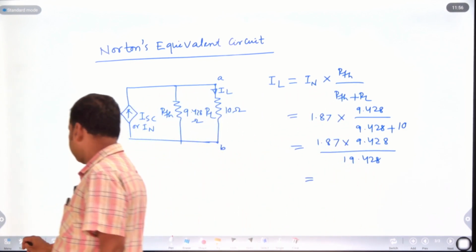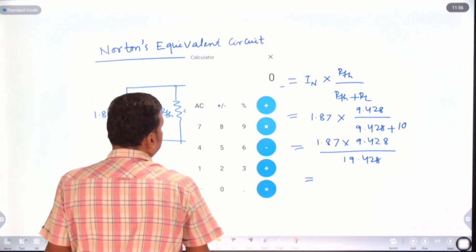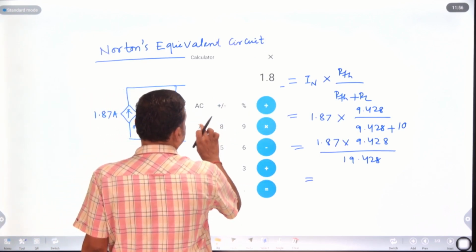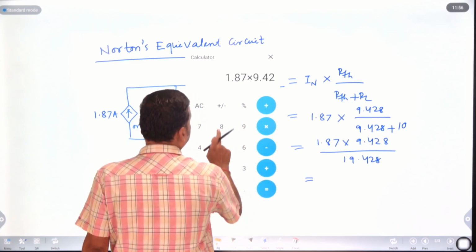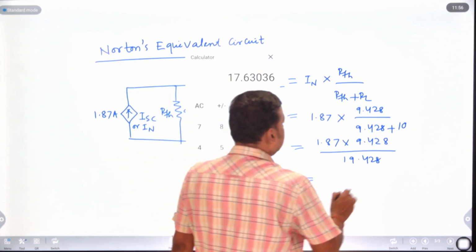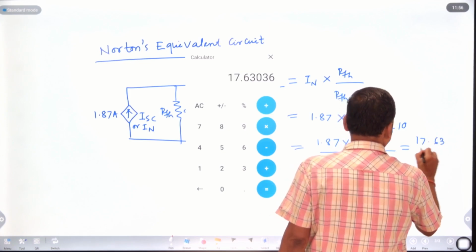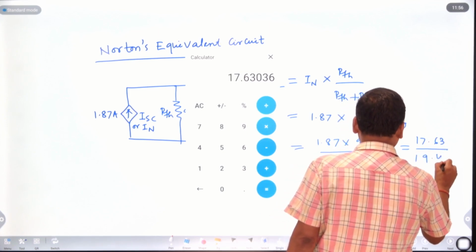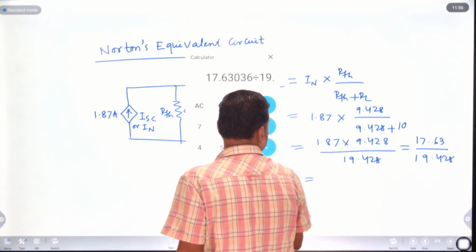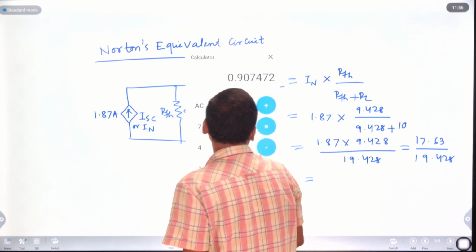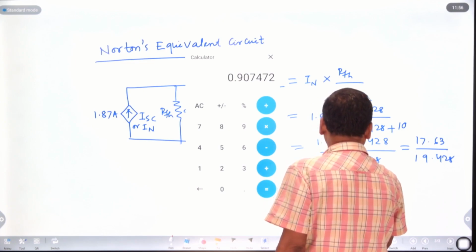Using the calculator, 1.87 into 9.428 is 17.63, divided by 19.428, the value is 0.9 ampere.